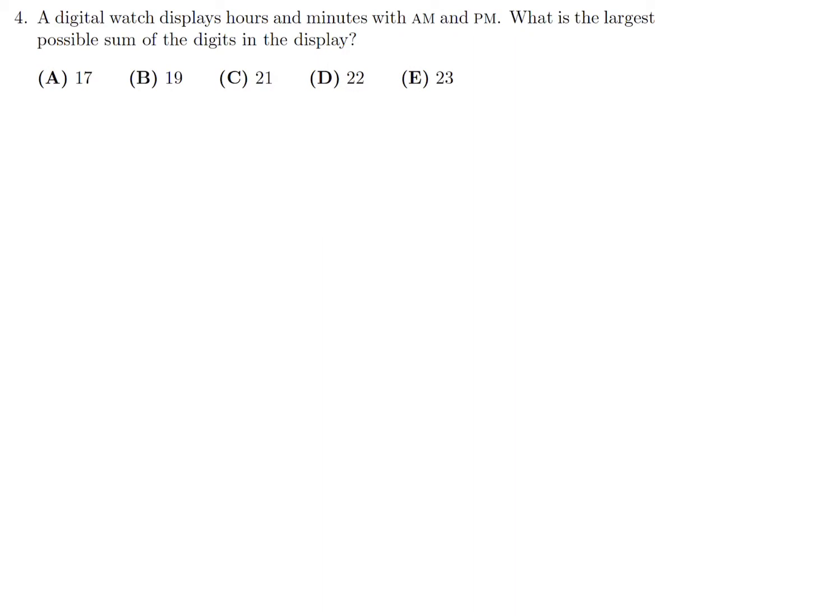A digital watch displays hours and minutes with AM and PM. What is the largest possible sum of the digits in the display? So we've got a certain number of hours and we have a certain number of minutes. Now the minutes, of course, the largest in terms of number is 59, right? Because nothing larger than that is ever displayed. There's no such thing as 60 minutes. It'll just show 00 because that's the next hour.